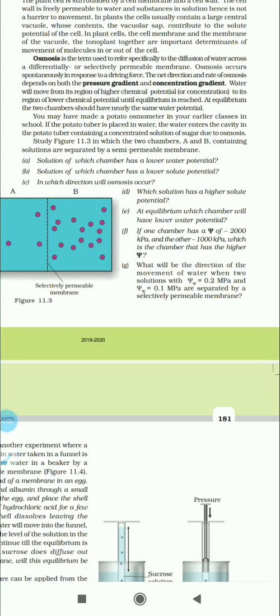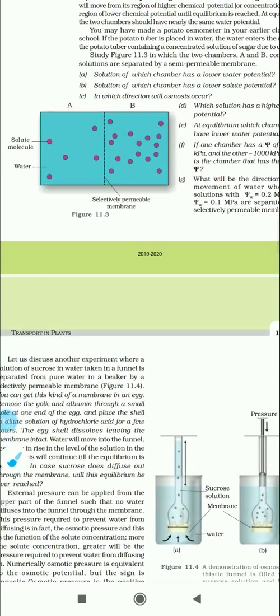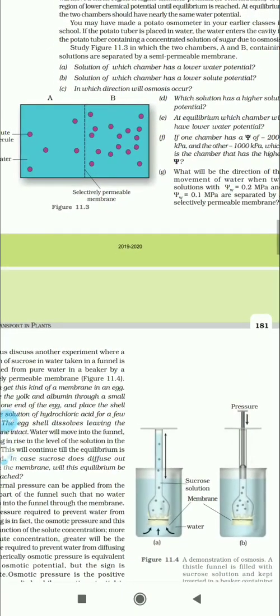Which has higher solute potential? Now try to think about it. Higher solute potential denotes the capacity to accommodate solute.